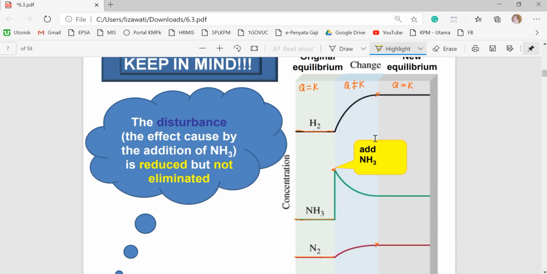Keep in mind here that the effect caused by the addition of NH3 is reduced, meaning that the concentration of NH3 is reduced but not eliminated. We can see that the line for the NH3 concentration remains constant here.